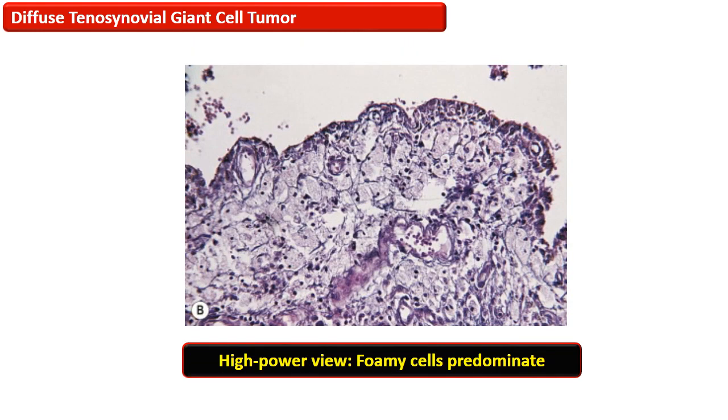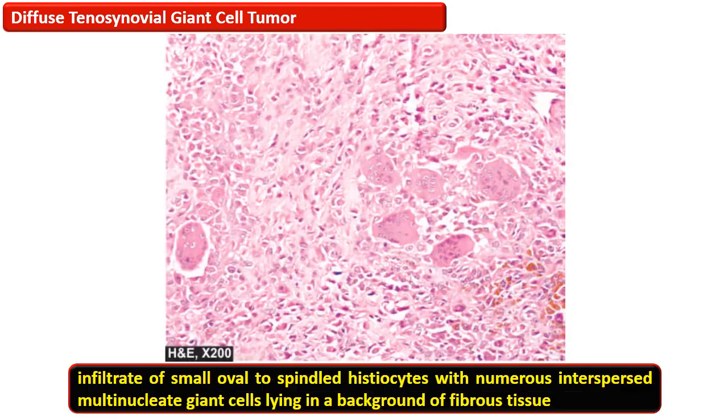Some foci within this diffuse tenosynovial giant cell tumor also show foamy cell aggregates. So this diffuse tenosynovial giant cell tumor is characterized by infiltrates of small oval to spindle histiocytes with numerous interspersed multinucleated giant cells, present in a background of fibrous tissue.